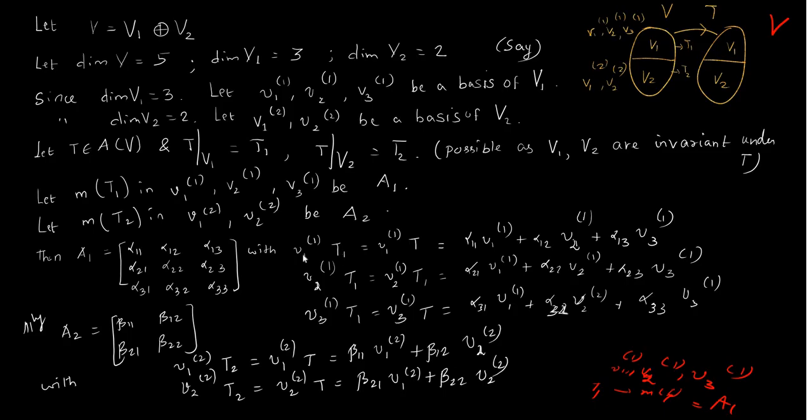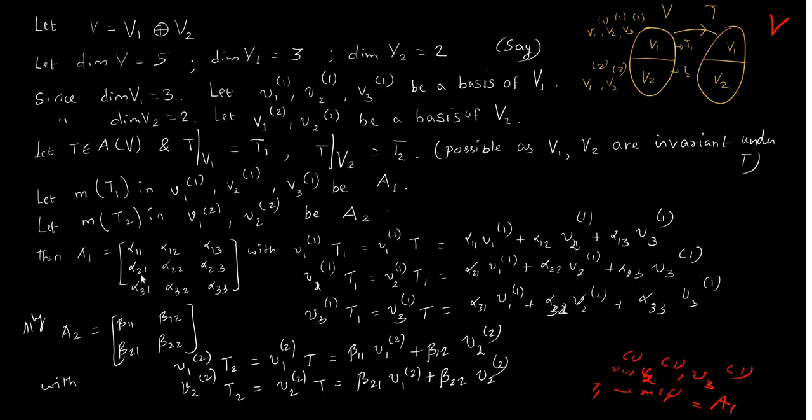So T1 on this basis, I have a transformation, I have a basis, so I'm going to have the matrix. These are the coefficients we consider here: alpha 1 1, alpha 1 2, alpha 1 3, basis elements, linear combination. And again in this case you have basis elements and the linear combination.